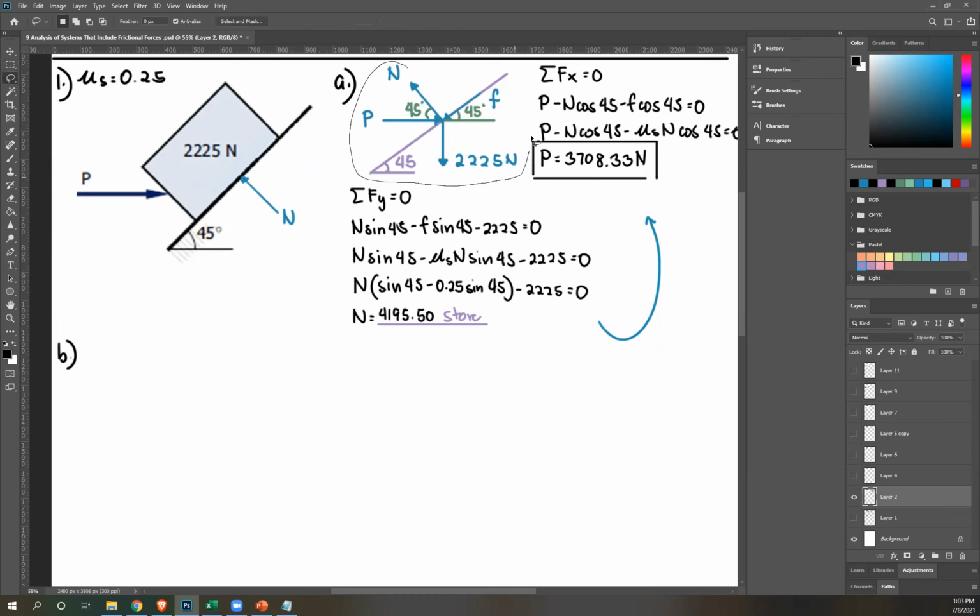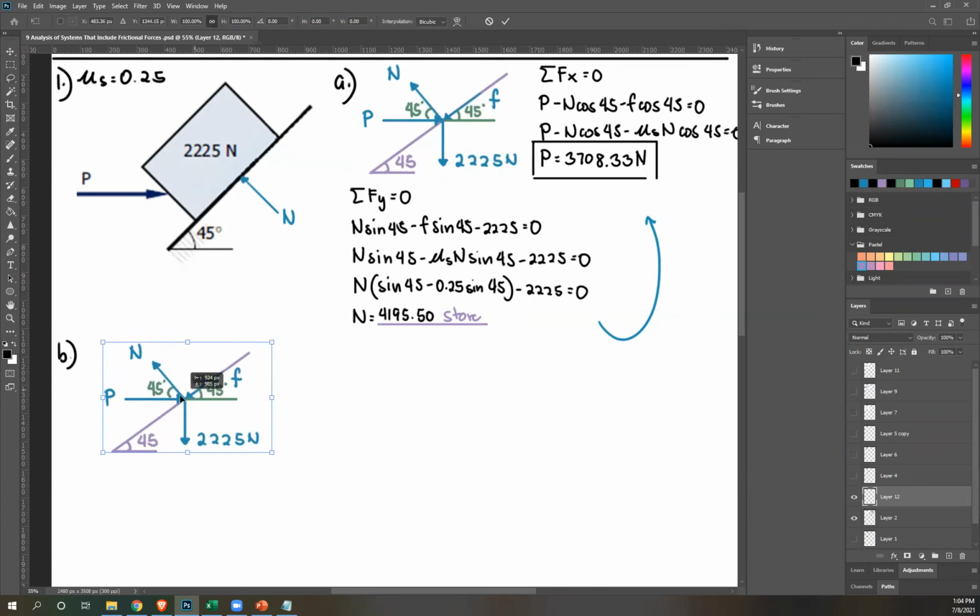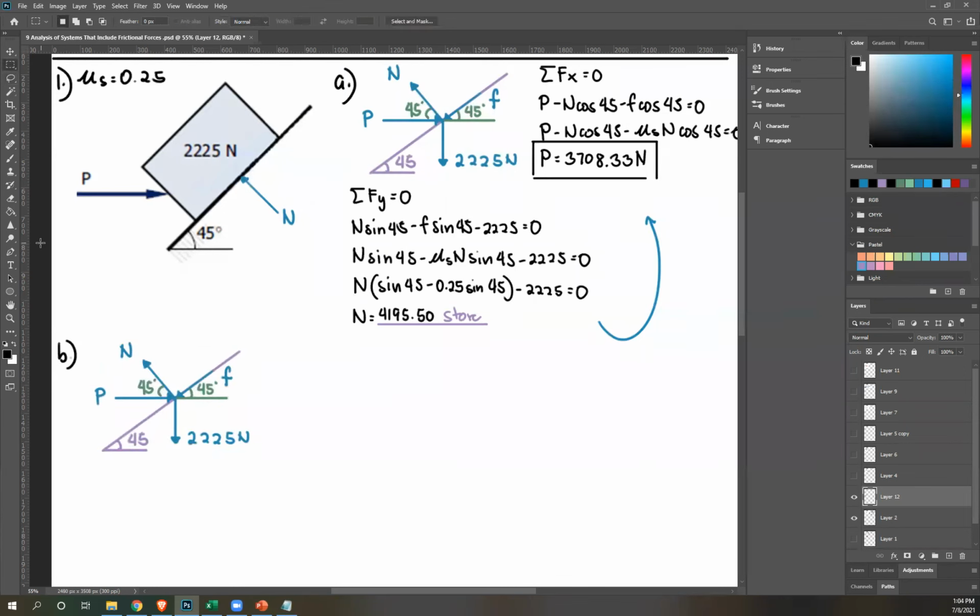B is motion downward. So that means the difference would be the direction of F. Okay? So again, motion is downward for part B. F is opposing that. So now F is upward. That's the only difference.